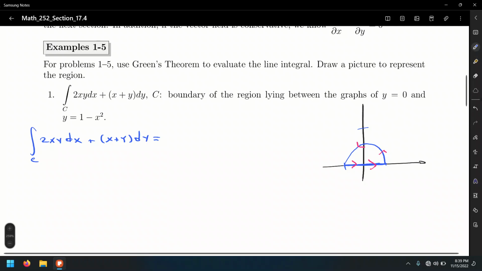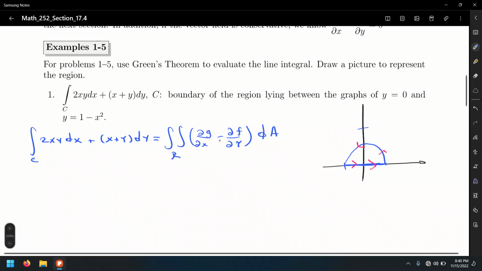This is equal to the double integral over the region R of the partial of g with respect to x minus the partial of f with respect to y dA, where dA, again, is going to take us back to double integration, whether our region in 2D is vertically simple or horizontally simple.